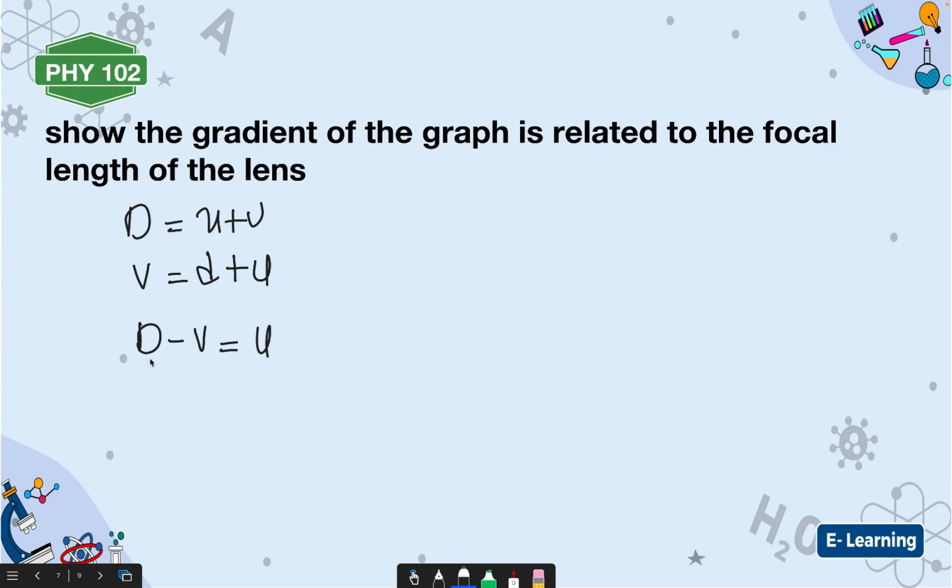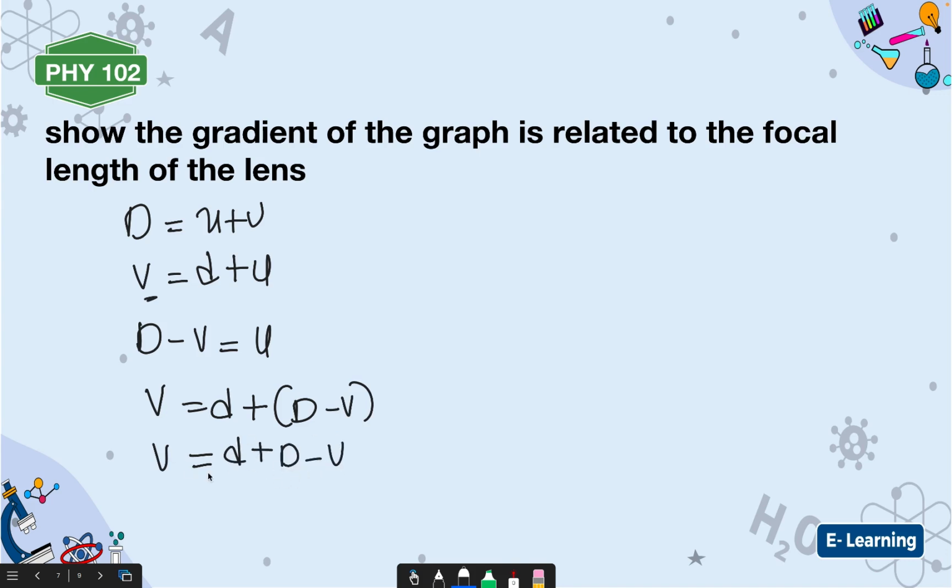Now what does that mean? Wherever you see u, are you getting it? Put d minus v. So looking at this equation, our v now will be equals to this small letter d plus this d minus v. All right, which is v is equals to what? D plus d minus v.